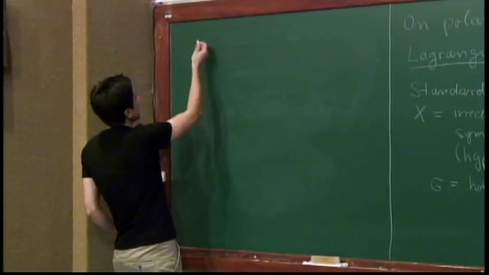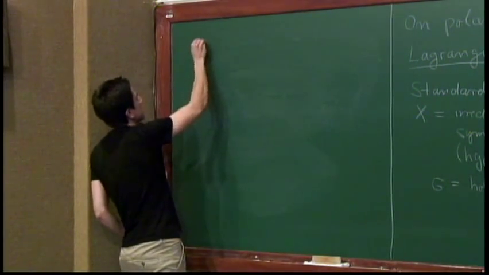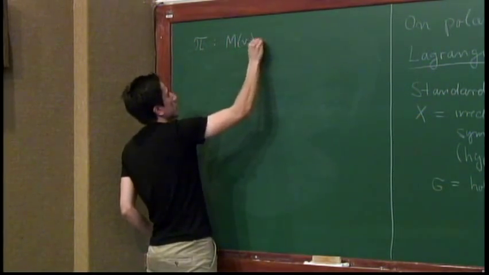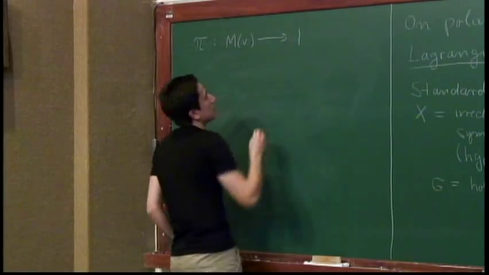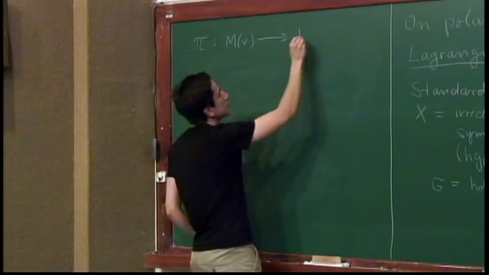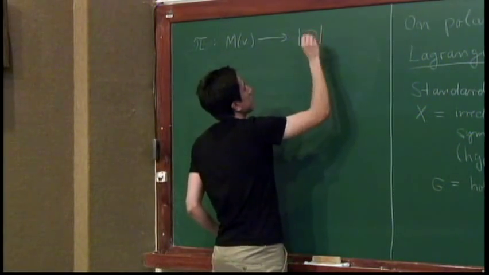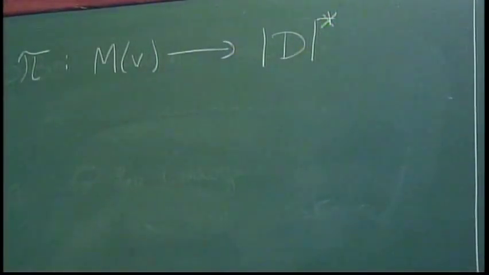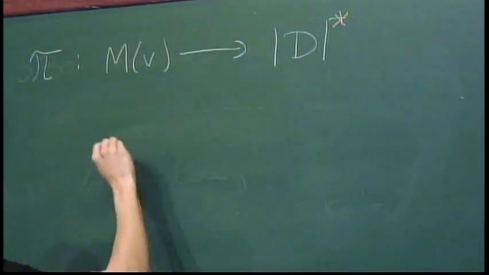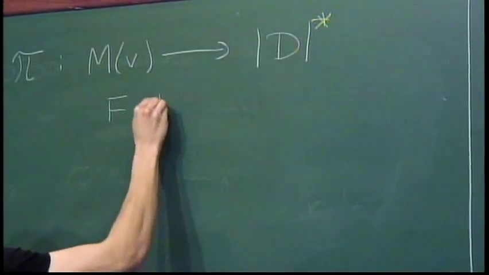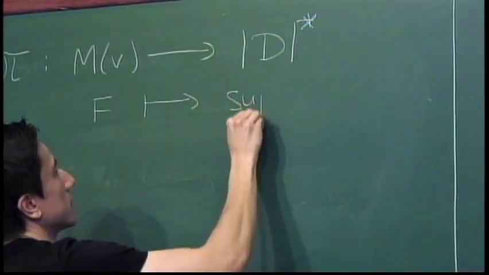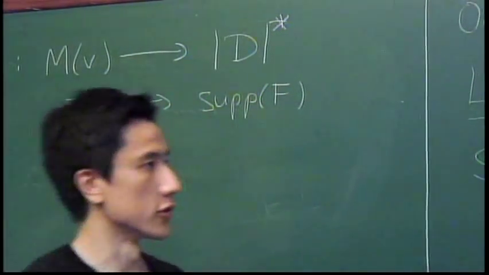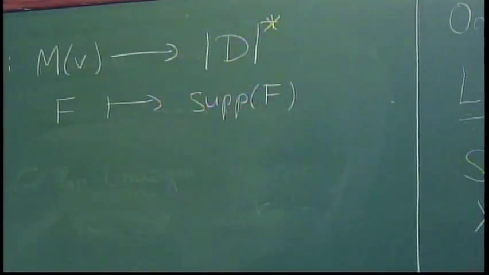So we make the following construction. I define a map pi from this moduli space to the linear system, precisely the dual linear system, of the divisor D. Here we take a sheaf and map it to its support. And due to the chosen Mukai vector v, this is indeed well defined.